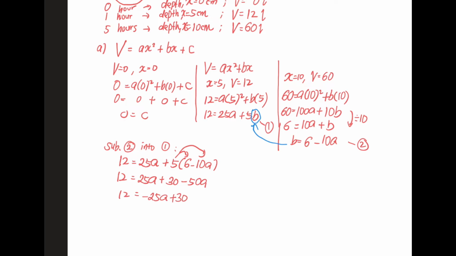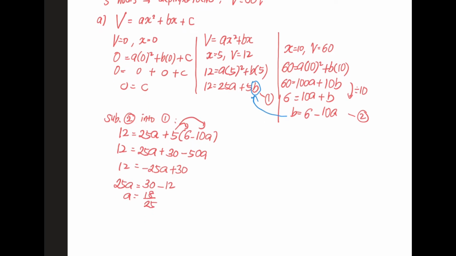Then I shift the negative 25a to the left. So I get positive 25a equal to 30 minus 12. So a equal to 18 over 25. That's the value of a.